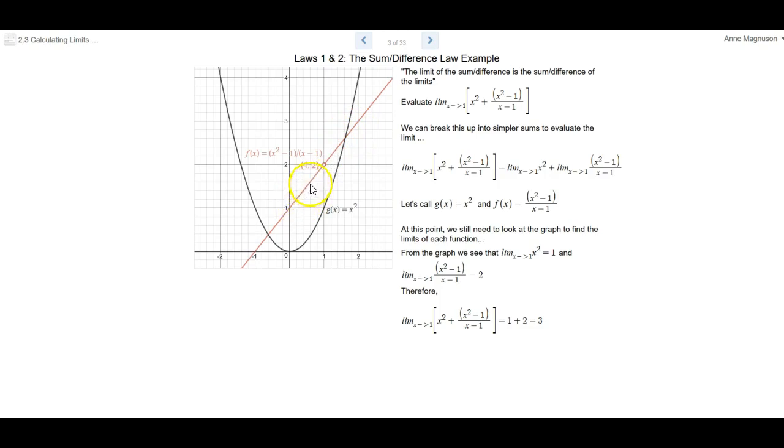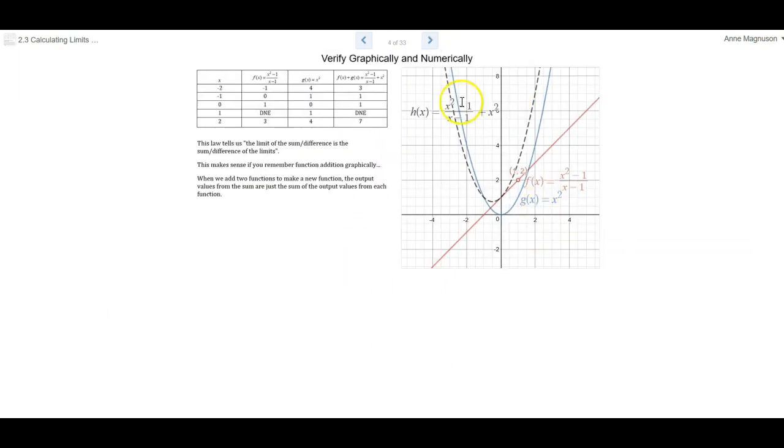The limit is still 2. Therefore, I can just add these individual limits and my answer is 3. And we can verify that graphically. So this dashed graph is the actual graph of the sum of those two functions.